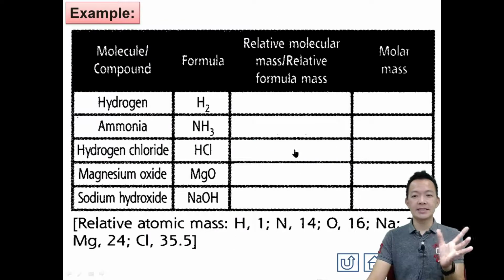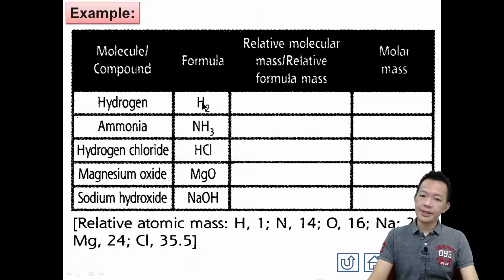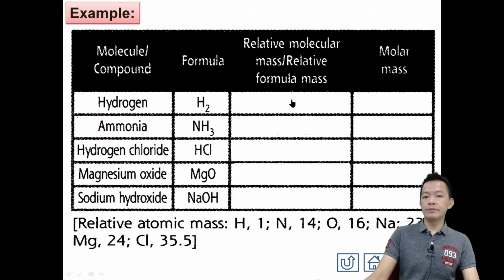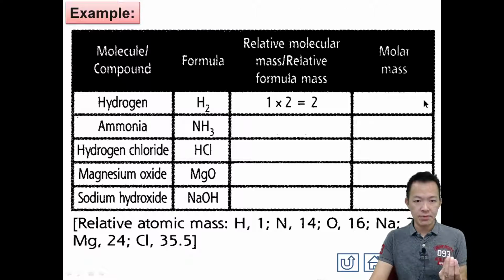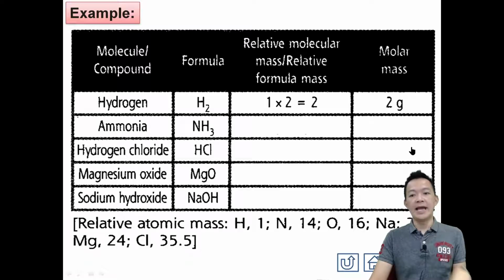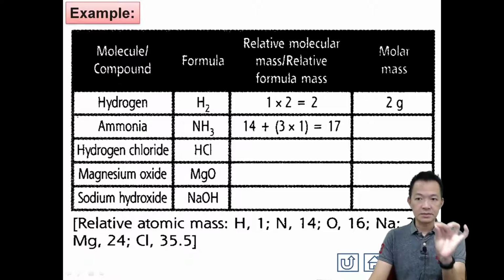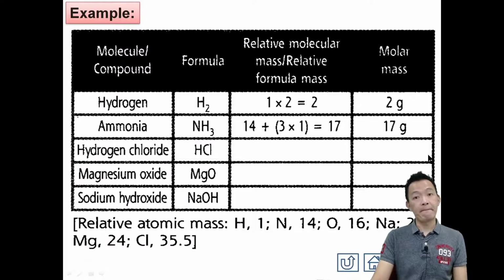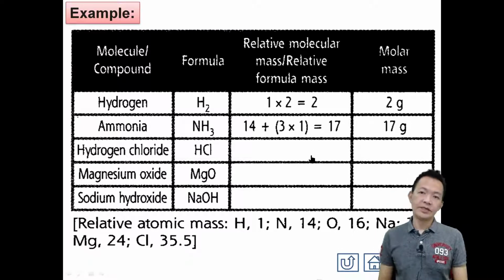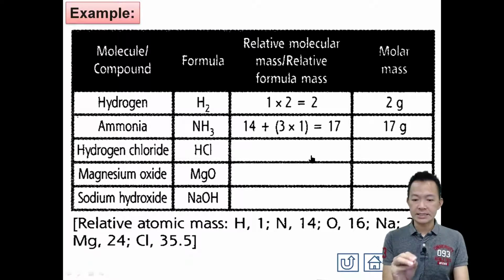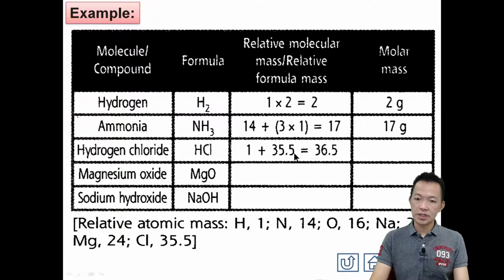Nitrogen 1粒14，没有单位。1 mole 的 nitrogen 14 gram. Oxygen 1粒16，1 mole 16 gram. Okay, next, fill in the blank again. 再填多一次。For hydrogen molecules, the relative molecular mass will be 2. 2乘1等于2嘛。But 1 mole 的 hydrogen molecule 等于2 gram, 加多一个 gram 给它。1 ammonia molecule 就是14加3，1 mole 的质量就是17 gram. 你自己填一下。Hydrochloric acid 1 plus 35.5, 36.5.